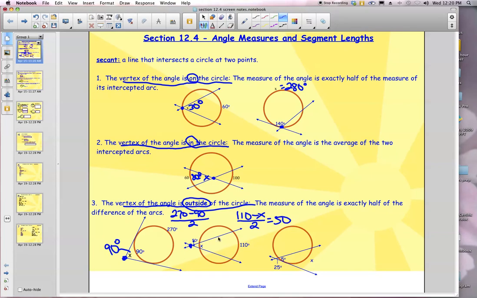So big arc minus little arc, divided by 2, is equal to the angle measure. That means when I subtract my arcs, I should get 100 because 2 times 50 is 100. So 110 minus x has to equal 100, which means x has to be 10 degrees. 110 minus 100 is 10.